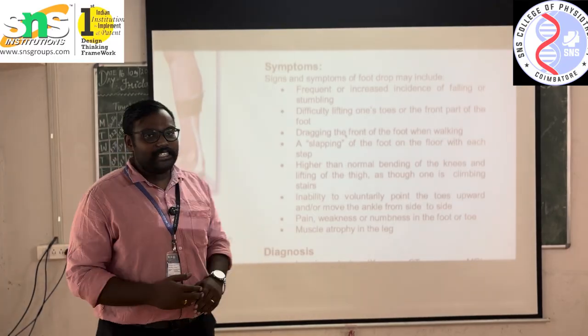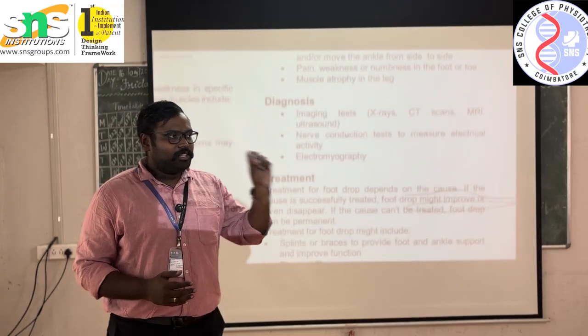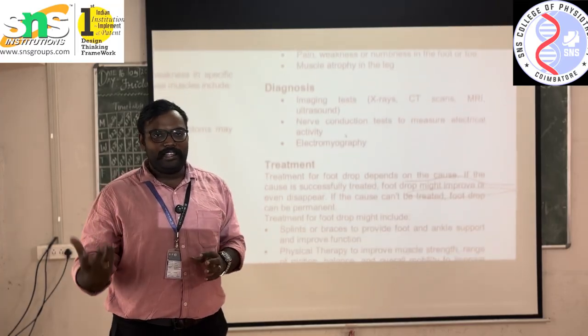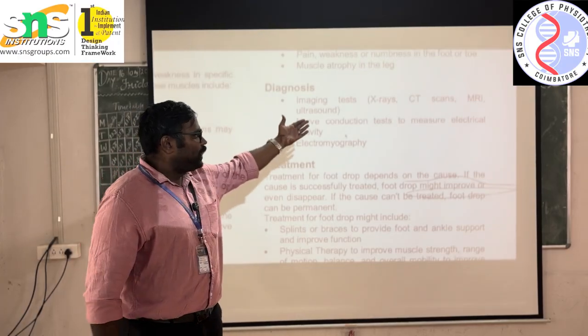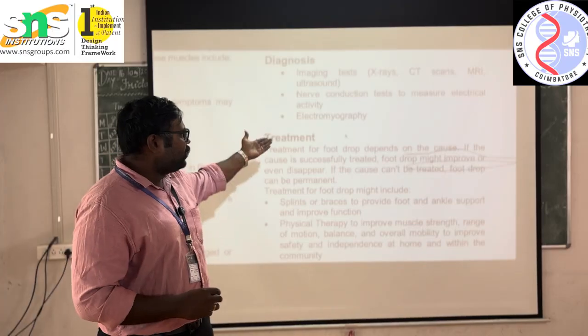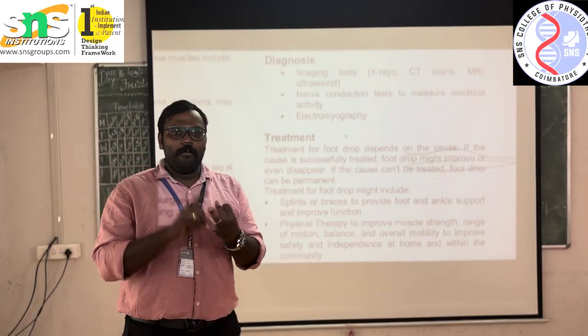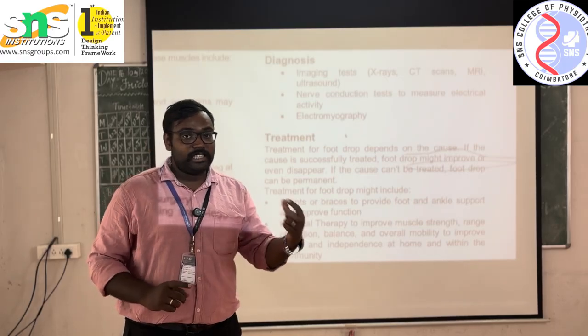Now going for the diagnosis. How do we assume whether this is foot drop or another condition? Diagnosis includes X-ray, CT, MRI. Along with these, two major things are most important. One is the NCS, nerve conduction study.